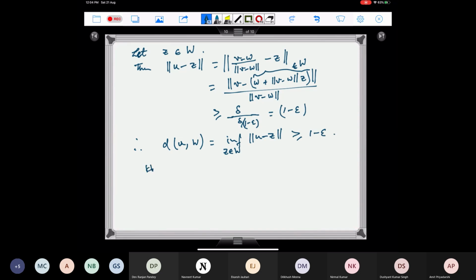So hence we are done. Okay, so I'll stop here. Next class, I'll prove using this Riesz lemma that the closed unit ball being compact will imply that the space is finite dimensional.